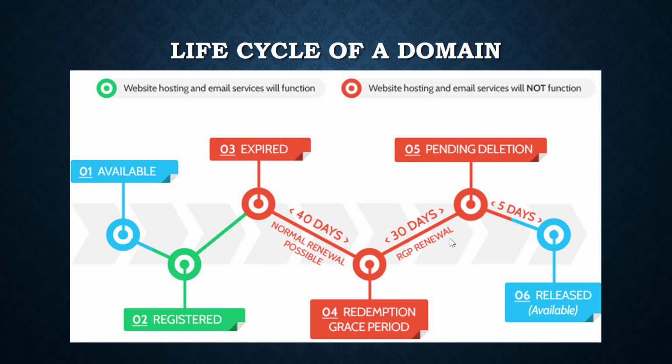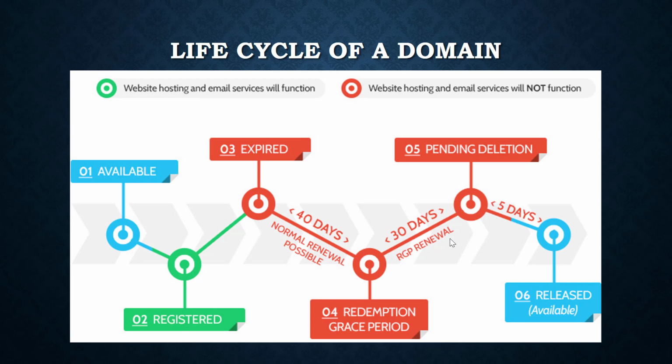If you pay that much, then they will be able to restore the domain back to you. So the first 40 days it is free, you don't need to pay any extra, only the renewal charge. And after 40 days, for the next 30 days, you can get it back by paying the redemption charge. So it will come to around $400 to $500. Still, if you don't renew it, after 70 days of expiry, the domain status will be marked as pending deletion.